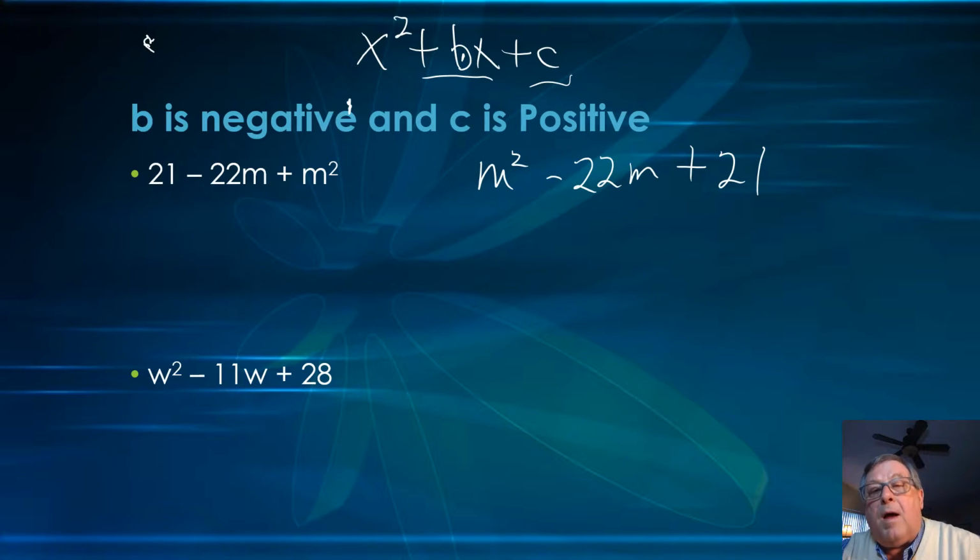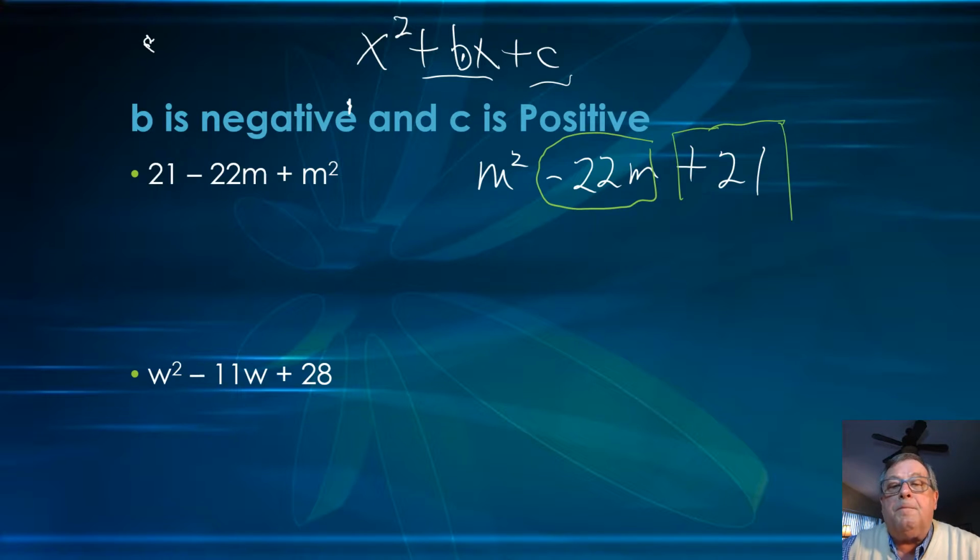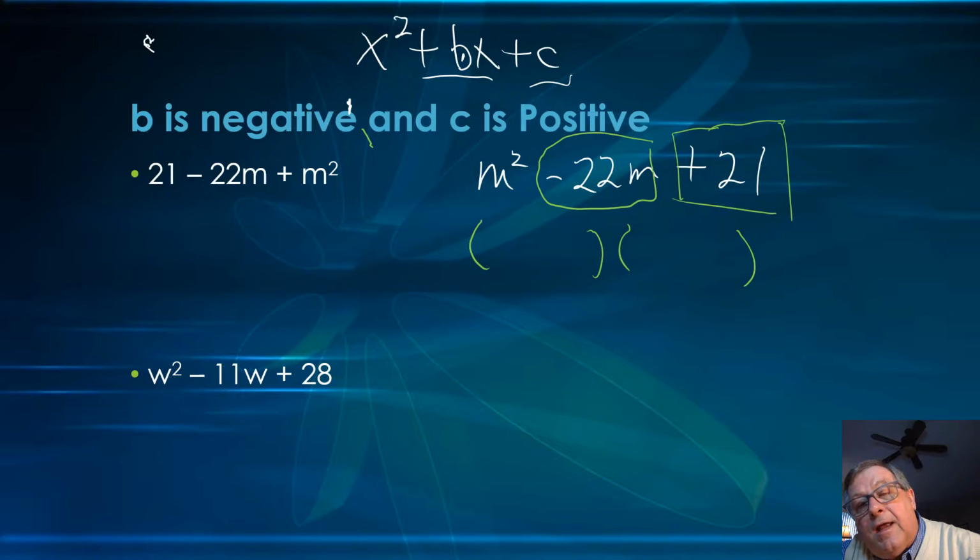And so I can see here that my middle term, b if you will, is negative 22, and c is positive 21. Now again, I'm going to draw my two parentheses. And the coefficient of my leading term, the m squared, is 1. So I can just put m on the left side of both parentheses.